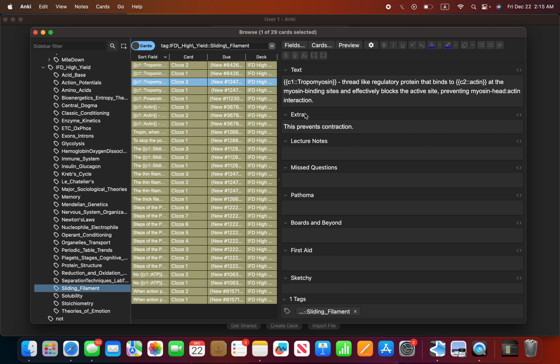There's a power stroke cycle. The power stroke is the coupling of the energy produced from ATP hydrolysis to the conformational change of a protein.